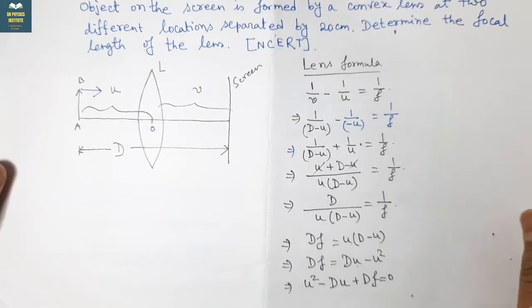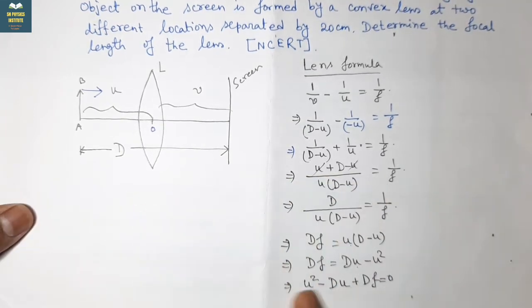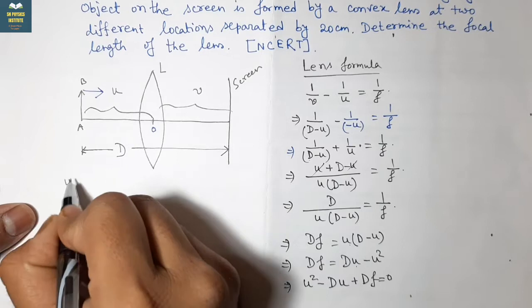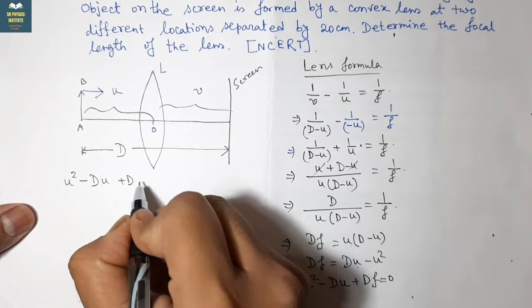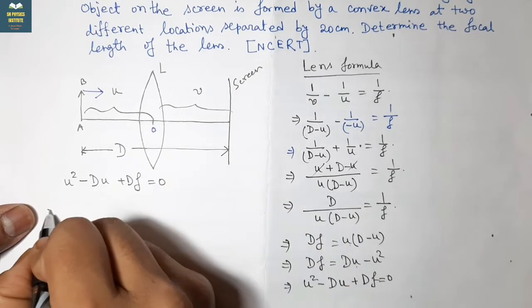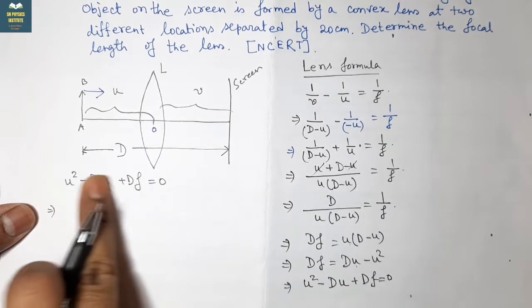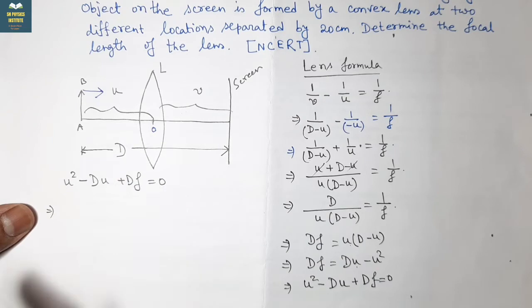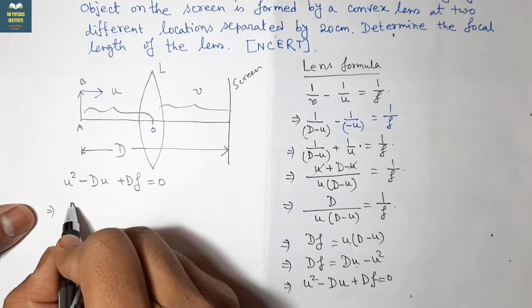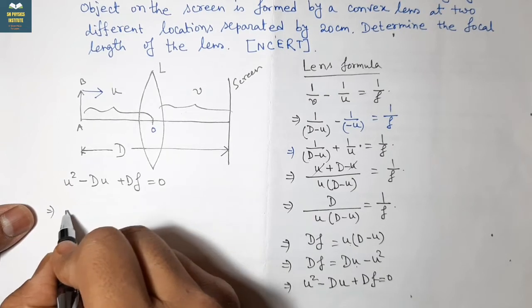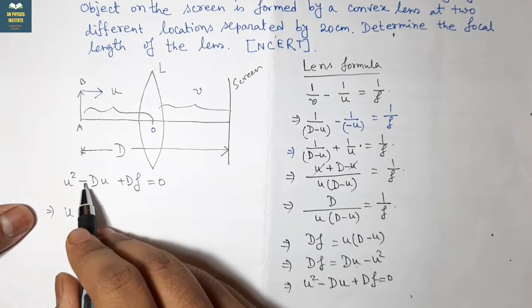So this is your quadratic equation: u square minus Du plus Df is equal to 0. If you want to solve this equation, you get u is equal to what?